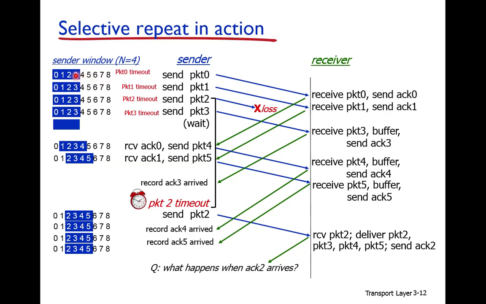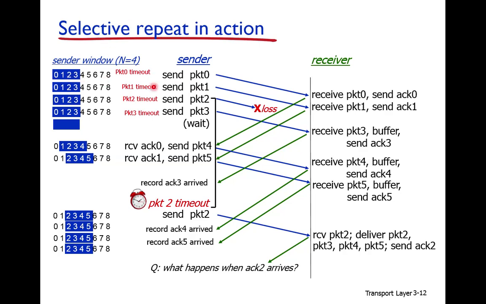Okay, so since the window size n is equal to 4, it means that among these 9 packets, the sender can send 4 packets at a time. So the first 4 packets will be sent: packets with the sequence numbers 0, 1, 2, 3.